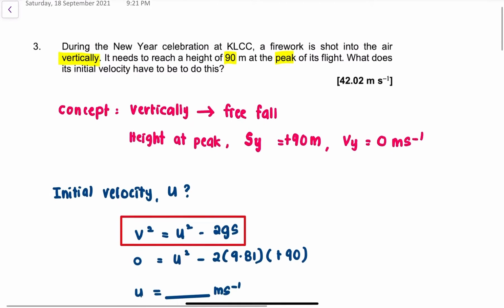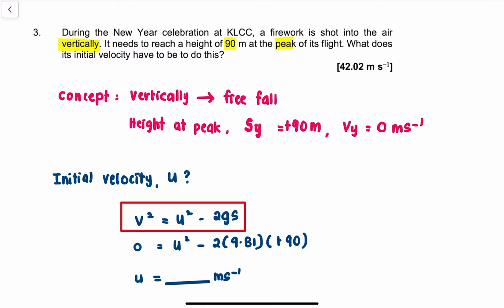Okay, basically, from the concept of vertically, this is based on free fall. And for the concept of height at peak, this is the maximum height, and positive refers to direction upward. For the maximum height, the final velocity for the y-axis must be equal to 0.